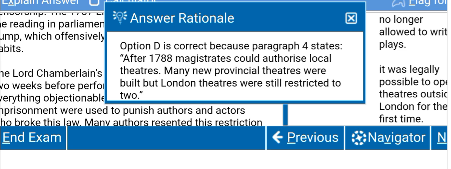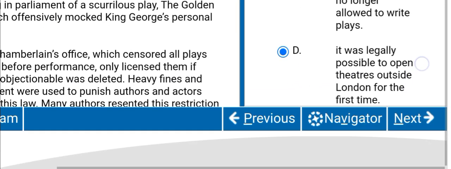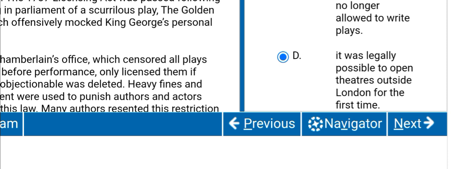Many new provincial theatres were built, but London theatres were still restricted to two. So option D, that it was legally possible to open theatres outside London for the first time, is the correct option.